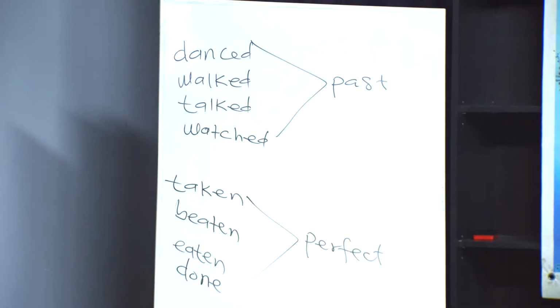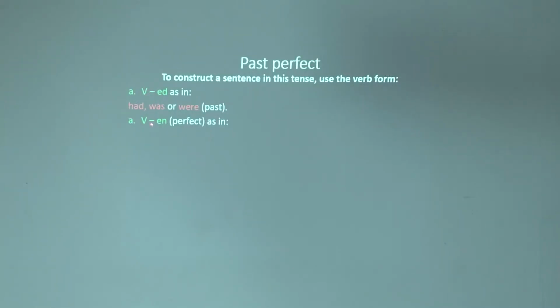So when we have these two forms of our verb, a verb in the perfect form, the V-EN, and a verb in the past, together, we have our past perfect.